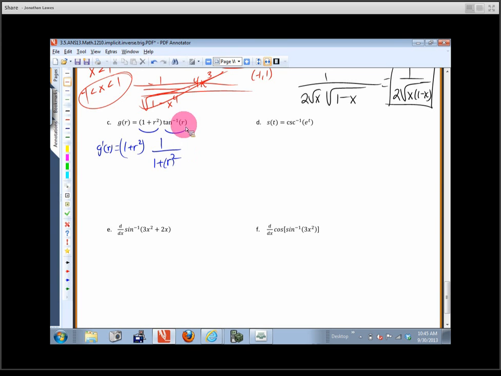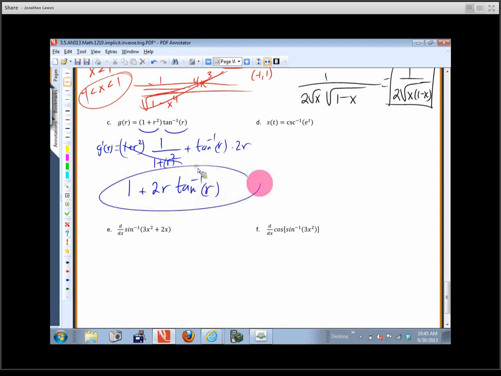We ought to carry out the chain rule, or at least consider that. That would be the derivative of r with respect to r, so that would just be a 1. And then plus the second, so this is going to be tangent inverse of r, times the derivative of the first, so that's going to be 2r. And then again, we'd want to clean this up just a little bit. Cancel those. So we get 1 plus 2r tangent inverse r. Not too shabby there.